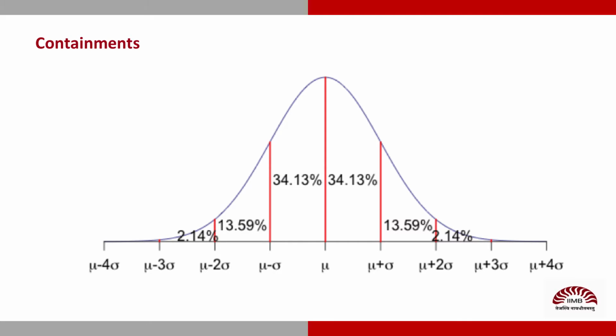Normal distributions are popular because of the way they contain data. We covered this in our last segment, and this picture is what I'm talking about. Notice that these are very special limits for containments. God, I love symmetry.